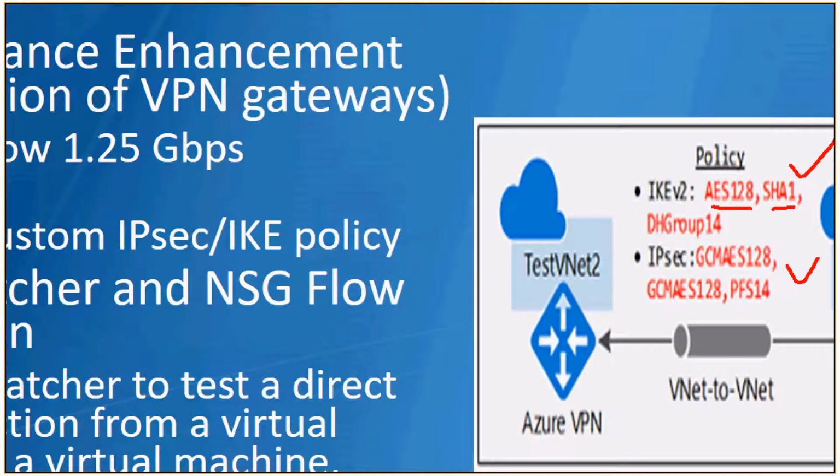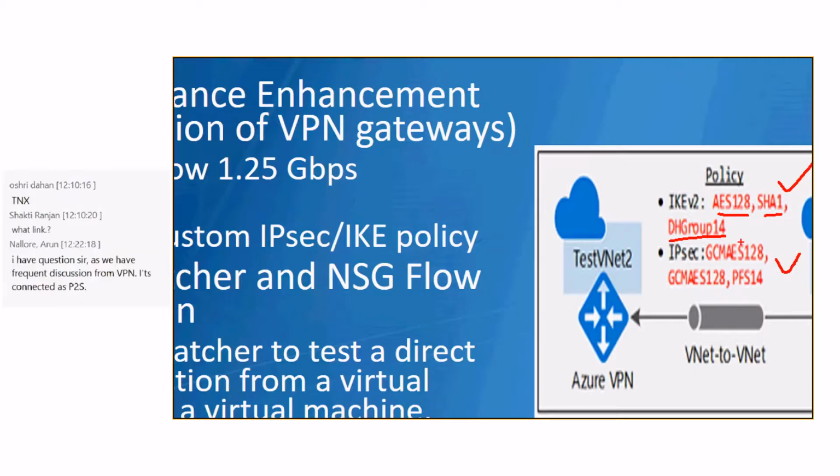It supports all the IKE policies and custom policies like AES 256, SHA-1, DH group 14, which helps you meet compliance, because your customer asks, this is my policy, I want to set up only this policy according to my company's compliance requirement.